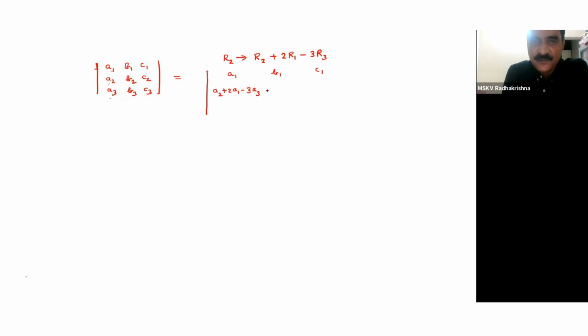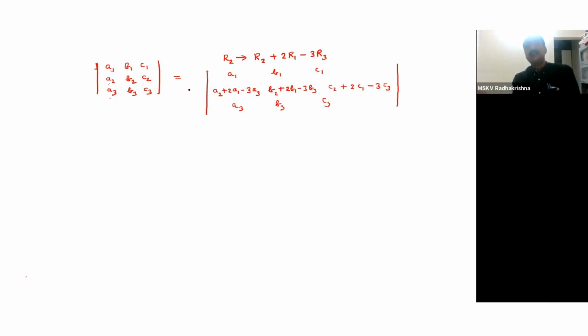Next, the second element is B2 plus 2B1 minus 3B3. And here C2 plus 2C1 minus 3C3. Now the third row as it is, A3, B3, C3. So this is the new determinant. Its value remains the same. By applying this operation, the determinant remains the same. Okay.